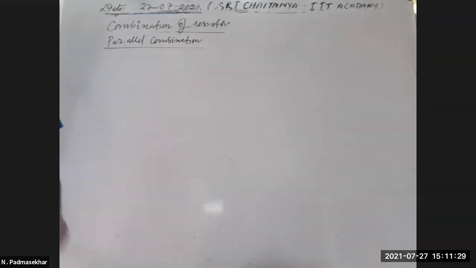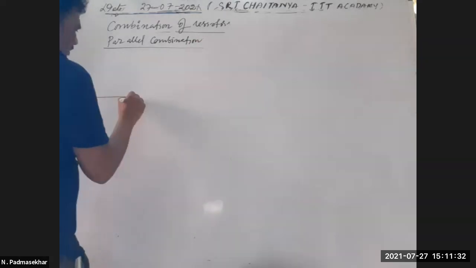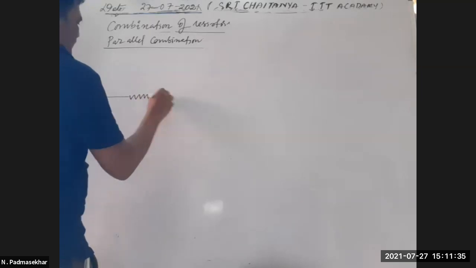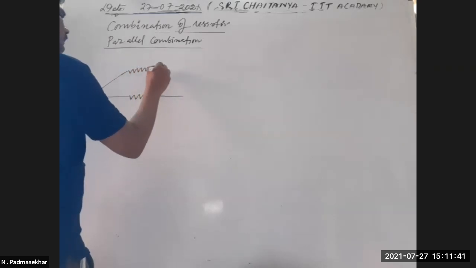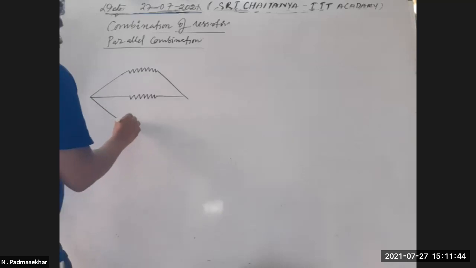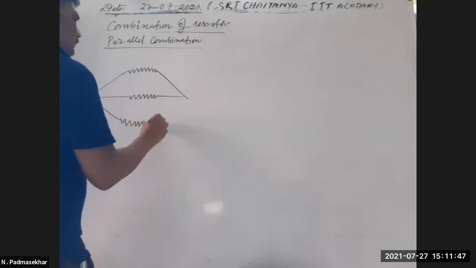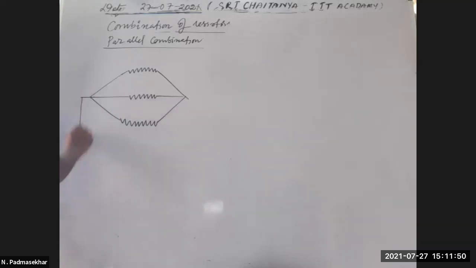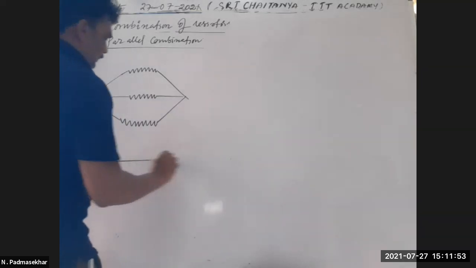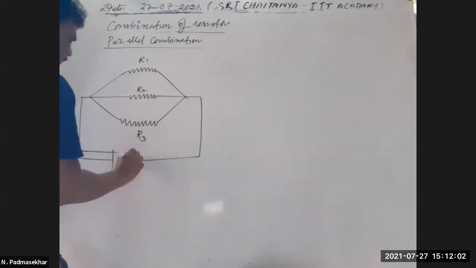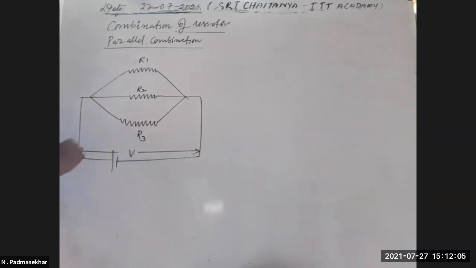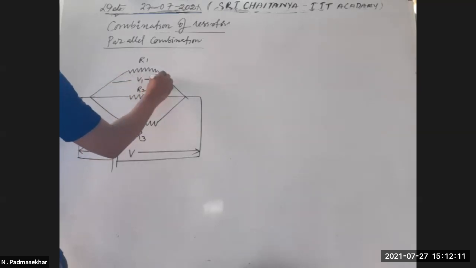Parallel combination. Suppose there are three resistors connected like this, with potential V. So in the parallel combination, the potential across the first one is V only.